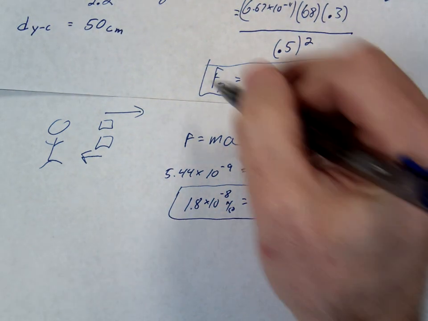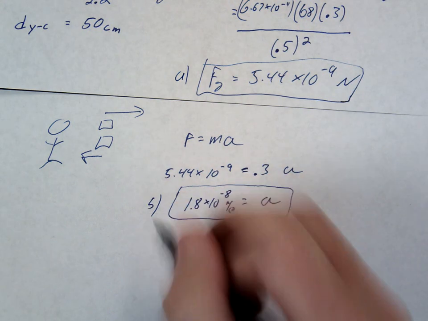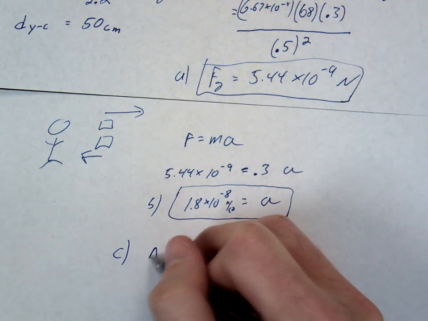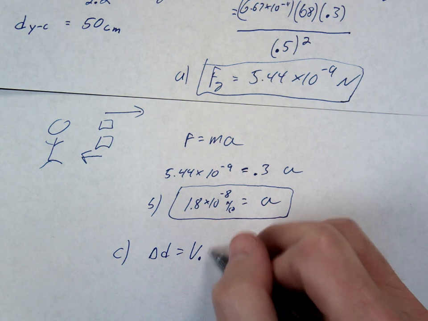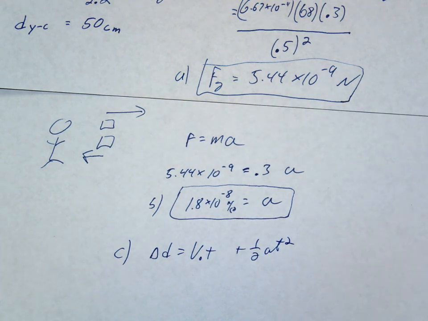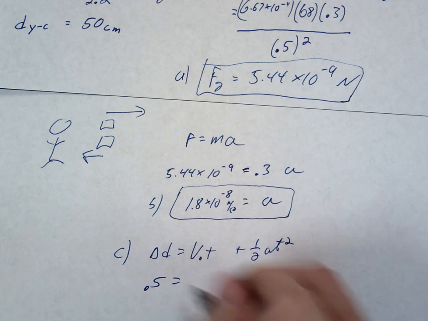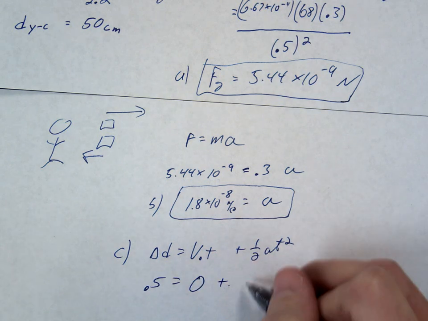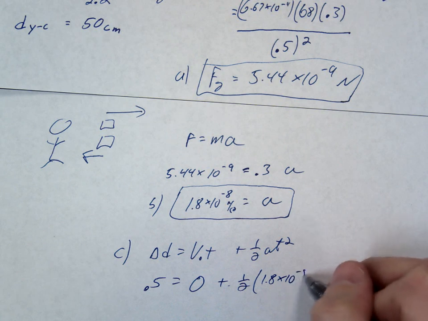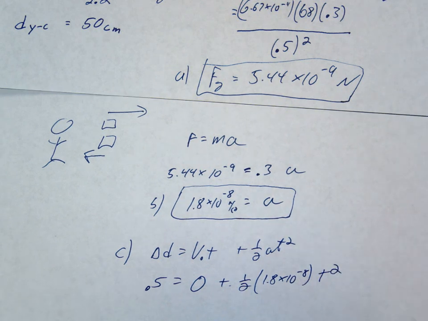Let's just do it. It's a good review, right? Our tests, our finals coming up. So we got 0.5 equals 0 plus 1/2 times 1.8 times 10 to the negative 8 times t squared.